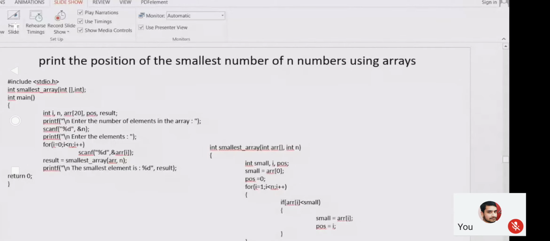Here this function is not an abstract data type, because this program is not a data type. If we consider stack, queue, tree, these are all data structures.